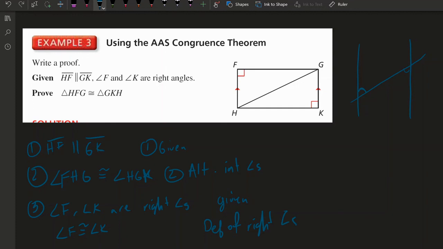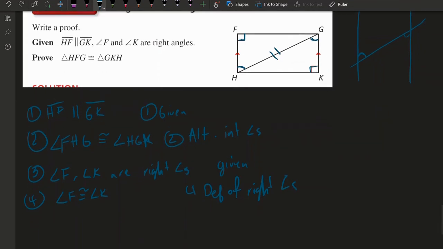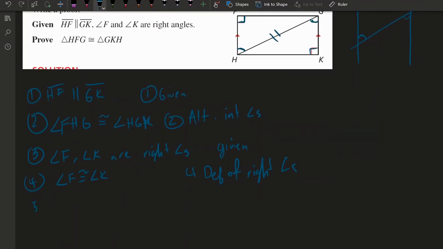They're both 90, so they must both be the same. So now I've got this angle is congruent to this angle, and then I've got this angle is congruent to this angle. So I've got my two angles, and so now I need some kind of side in there. That way it could either be angle side angle or angle angle side. And hopefully this one jumps right out to you, is that this side right here is congruent to itself.